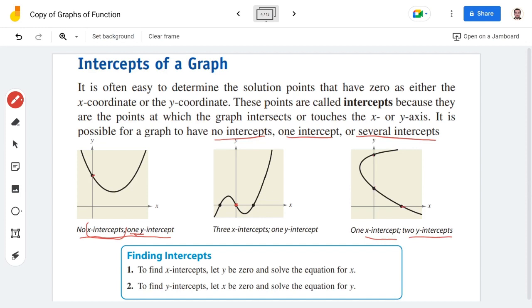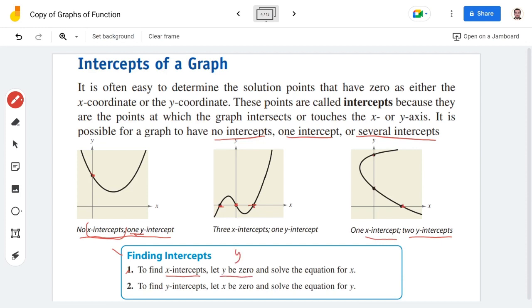Now, to find the intercepts, how can we find when the graph is at the x or the y-intercept? Read here, find the intercept. First, to find the x-intercept, let y equal what?